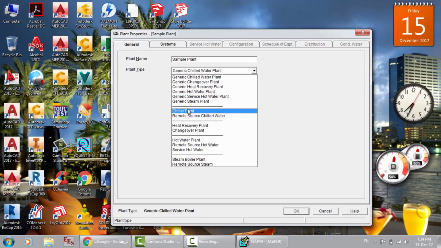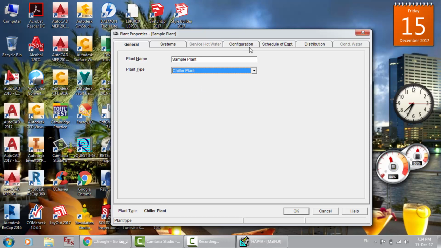If you choose any option from these options, this means that you wanna include the energy analysis. Okay, and you'll find here other tabs available: configuration, schedule of equipment, and distribution, and water.